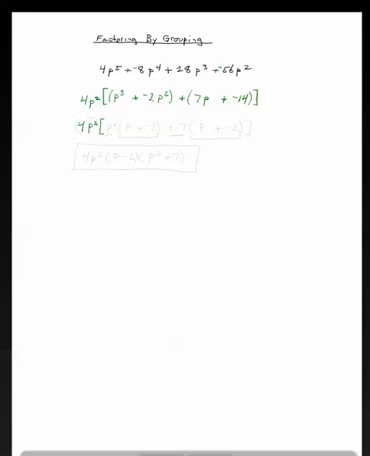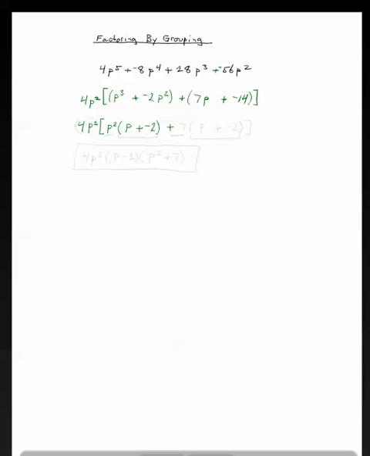But now when I look at this first binomial, I have p cubed plus -2p squared. So the greatest common factor of those 2 terms is 2 factors of p. So I've got p squared that I can factor out, and then p squared times p would give me the p cubed, plus here I've got p squared and I need to hit -2p squared, so that's just -2.